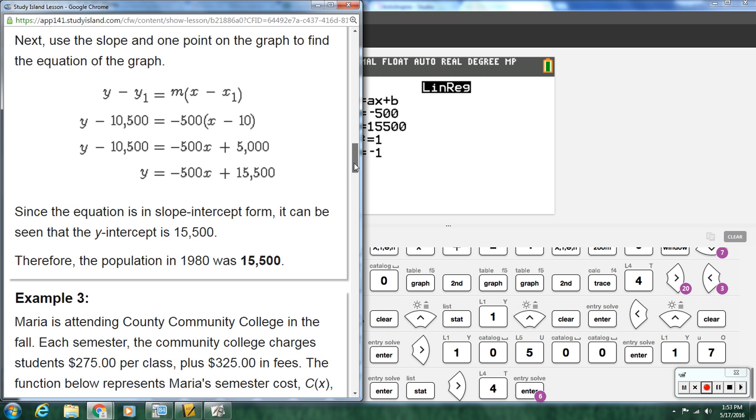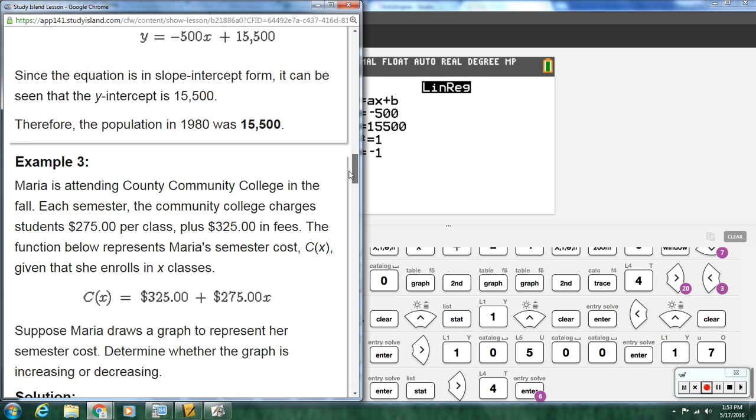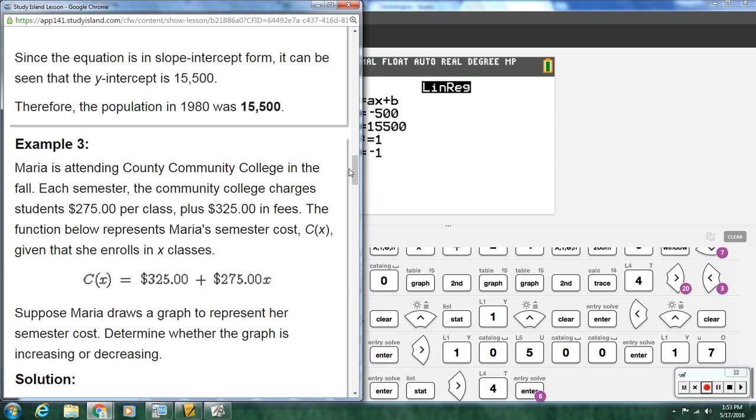Alright, now, moving right along. Maria's attending County Community College in the fall. I think I skipped this one a second ago. Each semester, the community college charges students $275 per class plus $325 in fees.